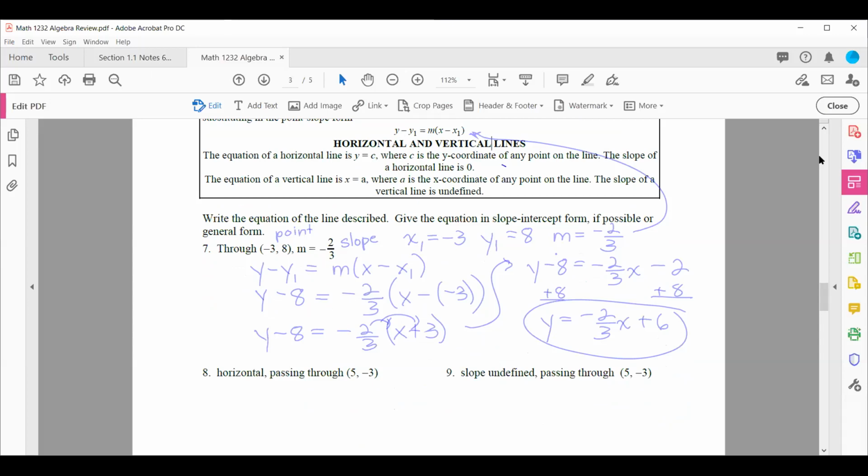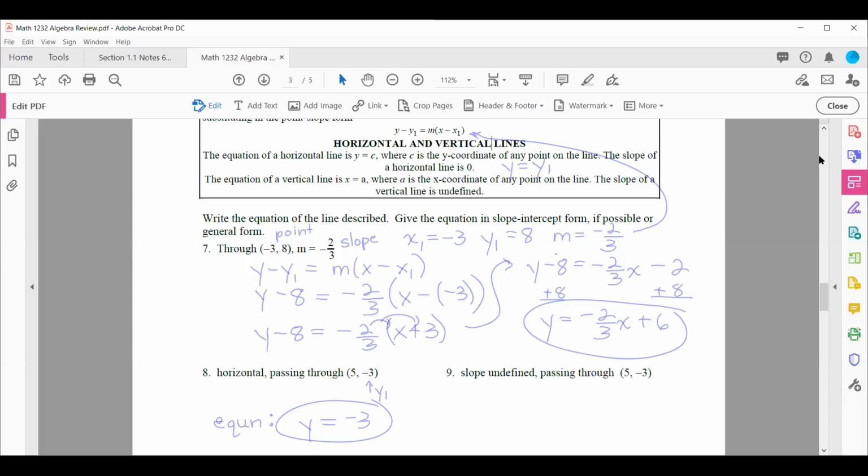Another way you could write that is y equals y sub 1. So in problem 8, my y sub 1 is negative 3. So the equation of my line is simply y equals negative 3. It's basically that straightforward.